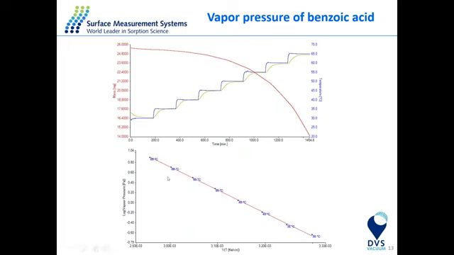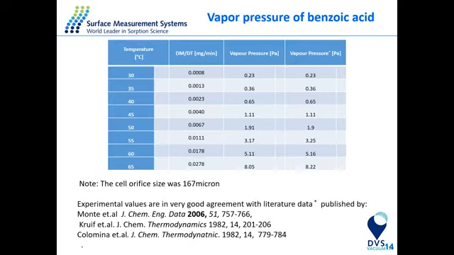So you expect the heat of vaporization for benzoic acid to be between 88 and 87 kilojoules.